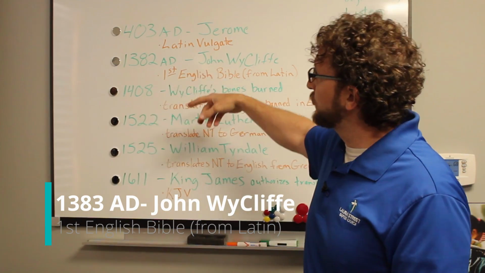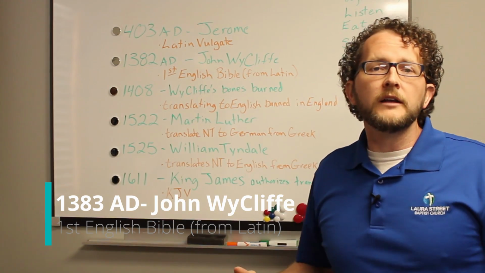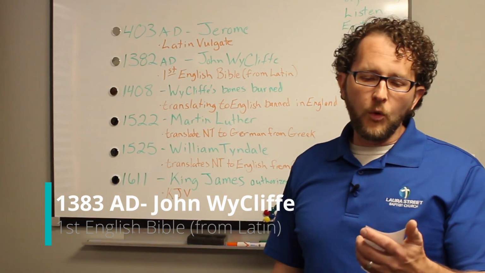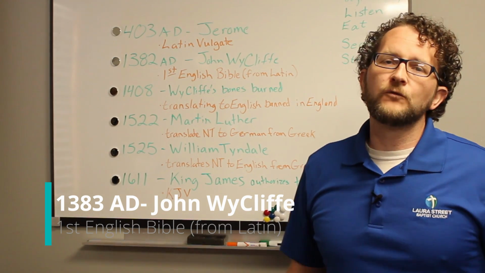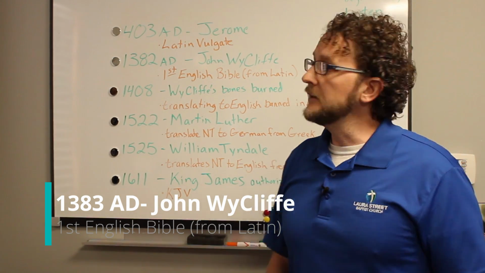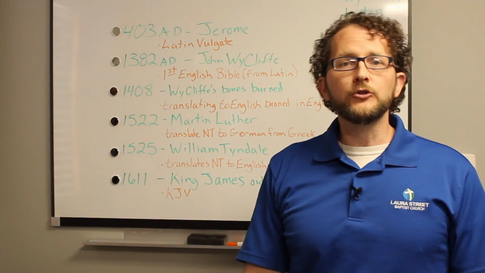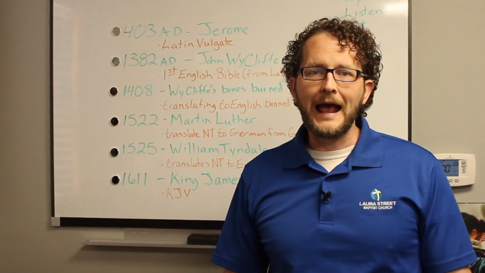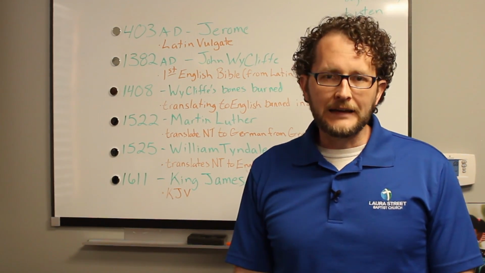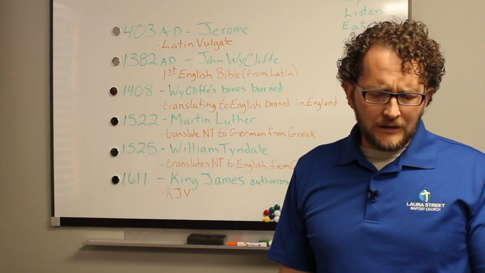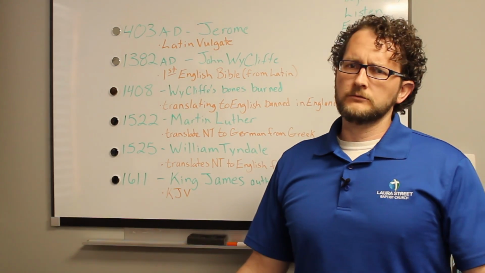Well, in 1382, this is several years, there's a huge jump there. Then there is Bible translation work that goes on, but in 1382, John Wycliffe translates the first English Bible, and he uses the Latin. He uses the translation that Jerome had, and he translates it into English. Well, this was frowned upon greatly.